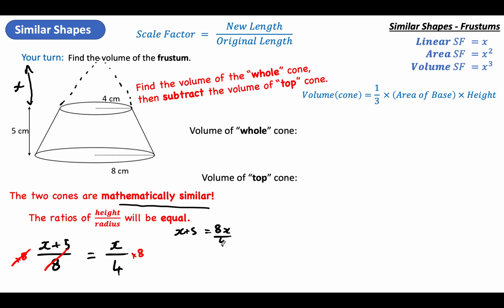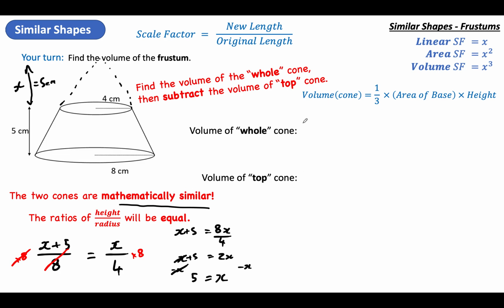And then, of course, we can simplify this side because 8 divided by 4 is 2. So x plus 5 equals 2x. And then I'm going to take away x from both sides to get 5 equals now 1x, so just x. So x equals 5.